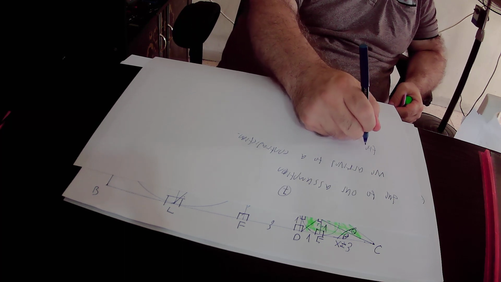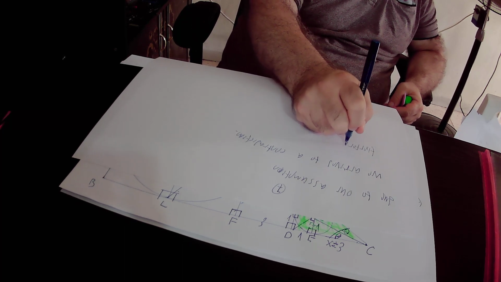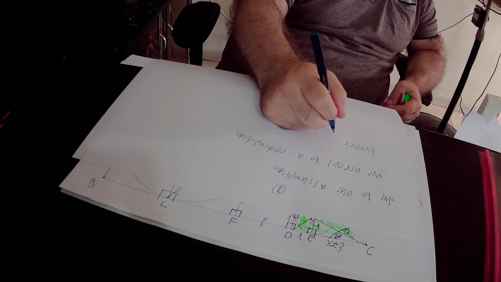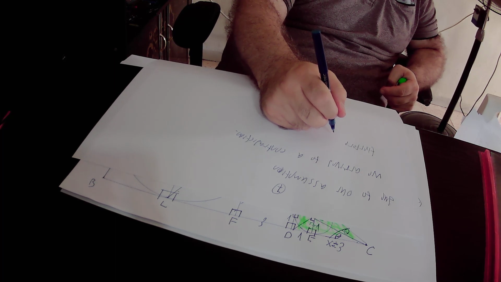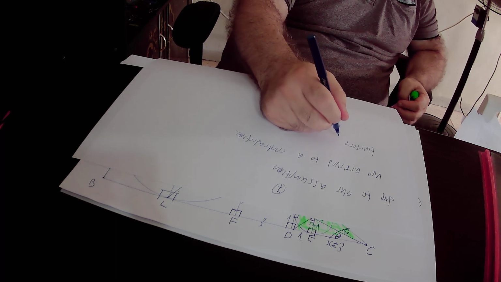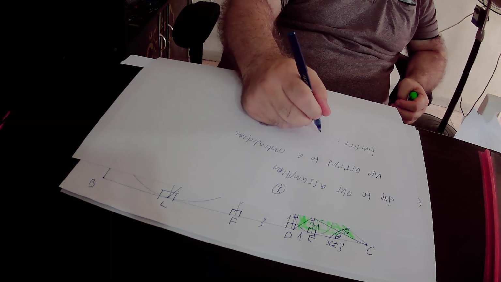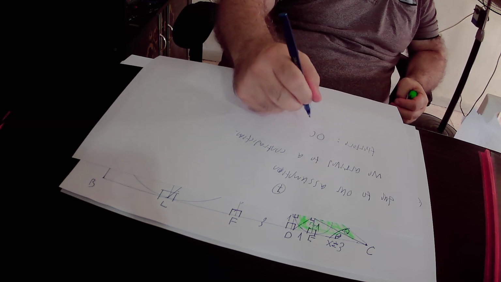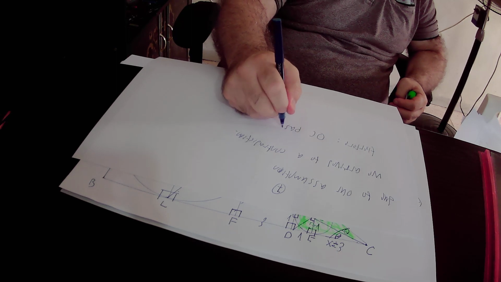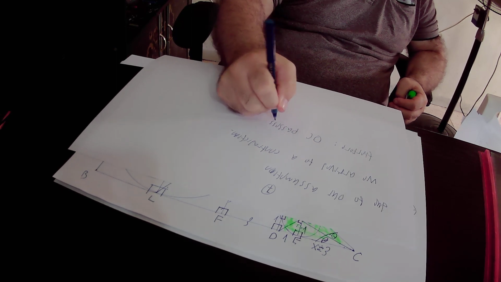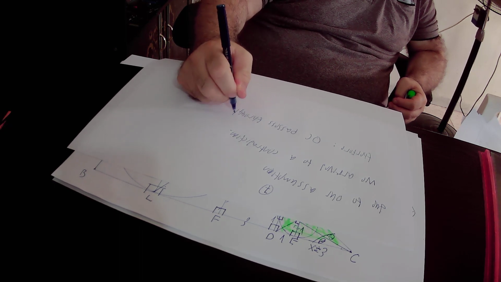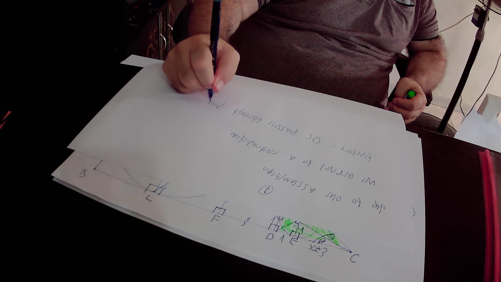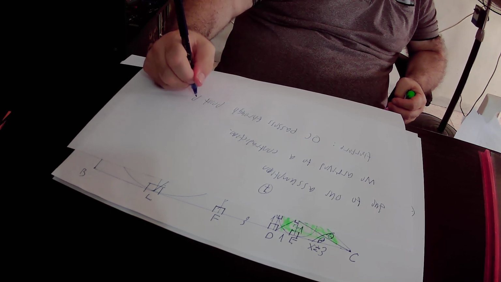Therefore, our assumption that OC doesn't pass for point P is not correct. Therefore, we must conclude from it that OC passes for point P. Okay?